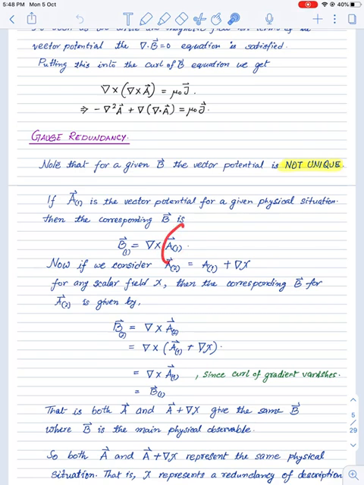Sorry, let's say you have a vector potential here, which I am denoting by A1, whose curl is giving this magnetic field B1.